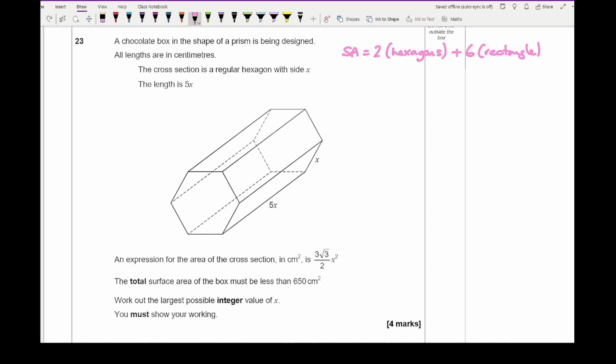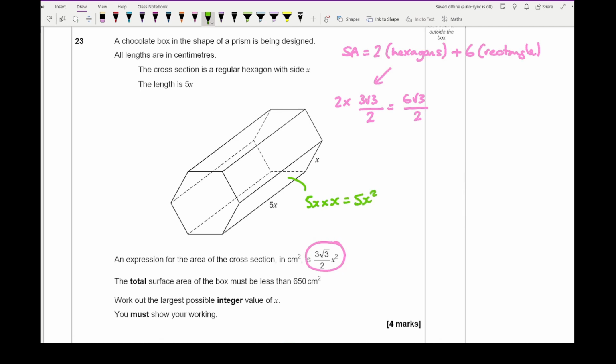Now in the question it tells me that the expression for the hexagon is 3 root 3 over 2 x squared, so 2 lots of that gives me 6 root 3 over 2. So that is what this is. And then to work out one rectangle, this rectangle here, that's going to be 5x multiplied by x, which equals 5x squared.